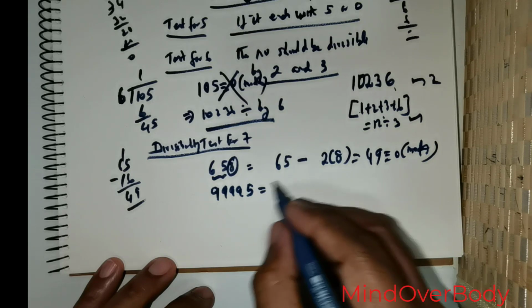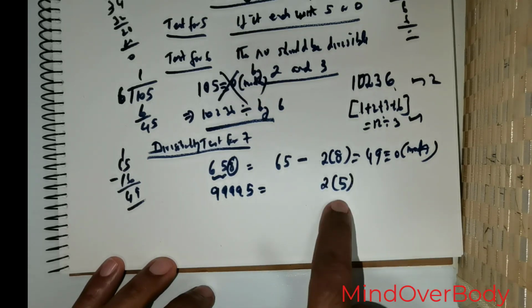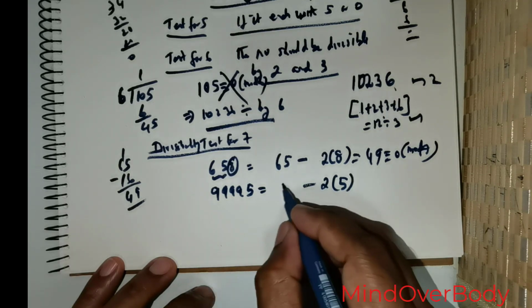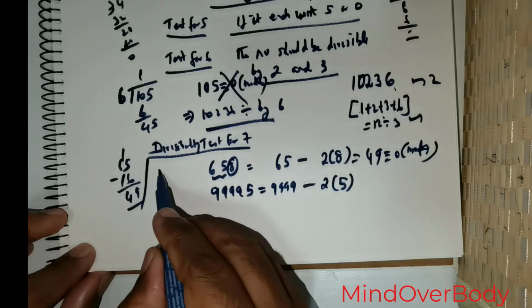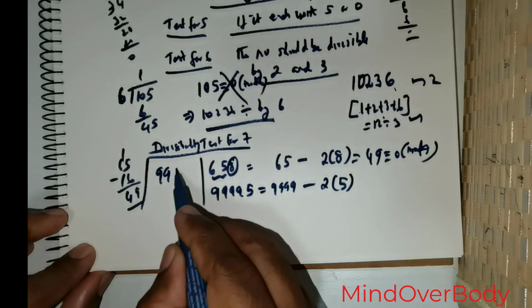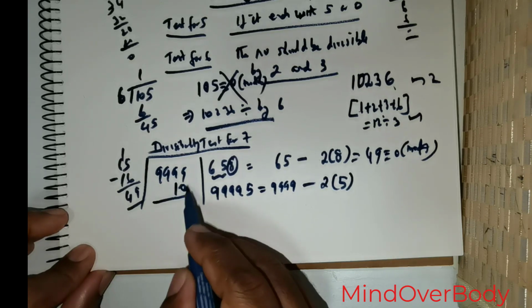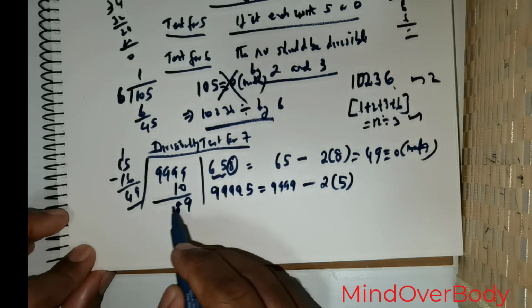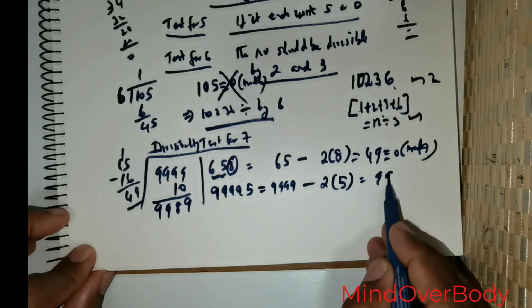It's a 4-digit number. So take the last digit, multiply by 2, and perform a subtraction from the 9 9 9. 2 times 5 is 10. So I get a 9 here. 9 take away 1, 8, 9 9. So what do I get? I get 9 9 8 9.